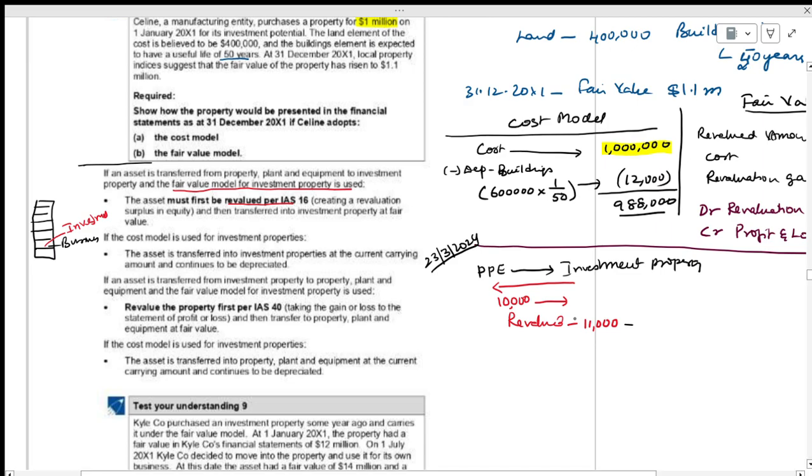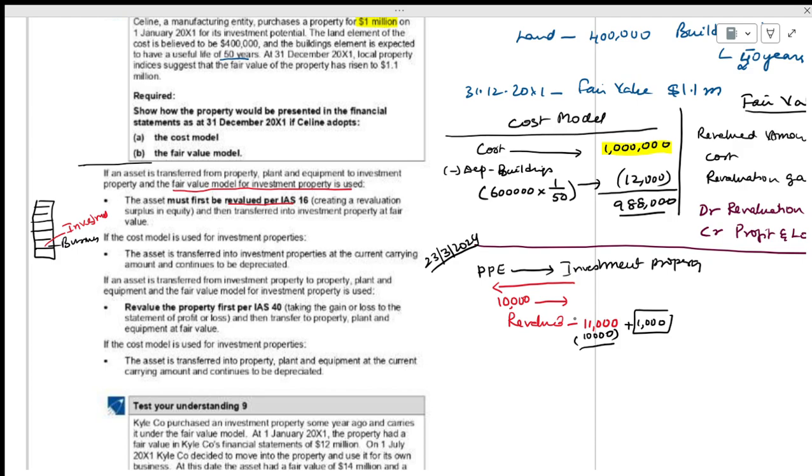How much is the gain you are getting? You are getting a gain of 1,000. You will have a revaluation surplus of 1,000, that is 11,000 minus 10,000.